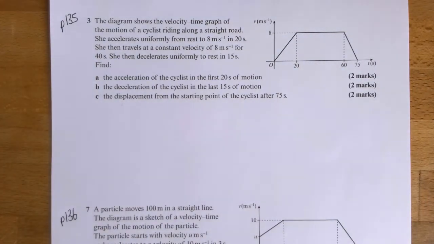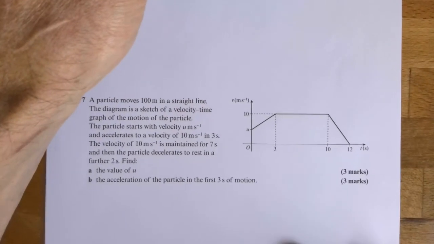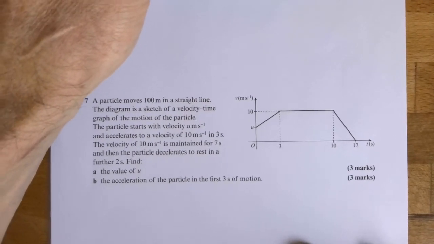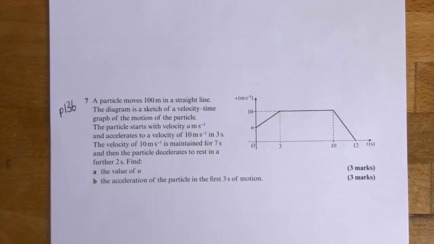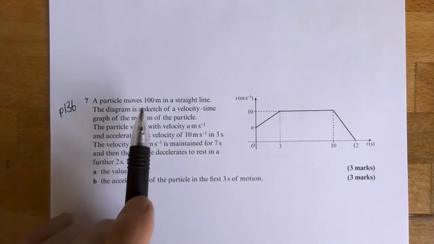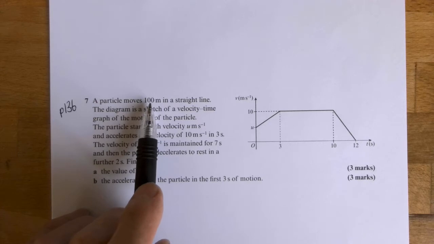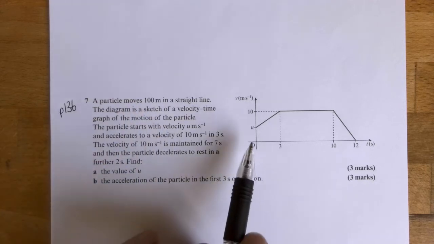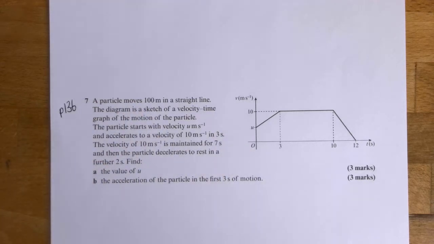And when you've had a go at that one, page 136, question 7, very similar, but you've got a missing value. So they tell you how far it travels in total, and you've got to use that to work out the missing value. Right, so I'm going to pause at this point. I'm going to do those questions. You do those questions. I'll see you again in a minute.